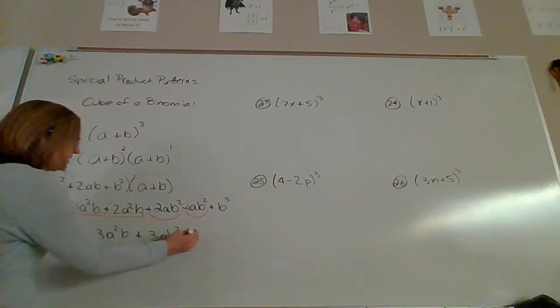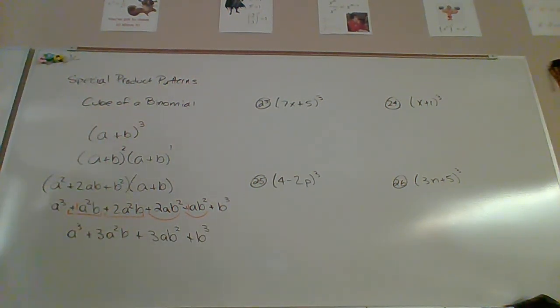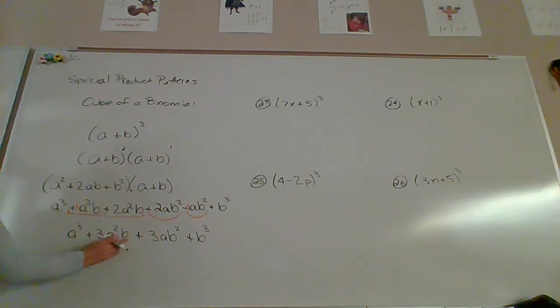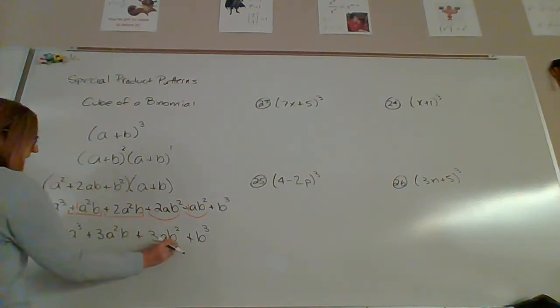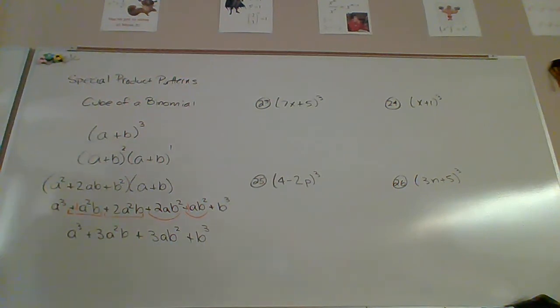And then finally, the plus b cubed. All right, so we look at that pattern. The a and the b are both cubed on either end of the answer. And in the middle, we've got an a squared b and an ab squared. And both of them have to be multiplied by 3. All right, so let's try that up in our problems.